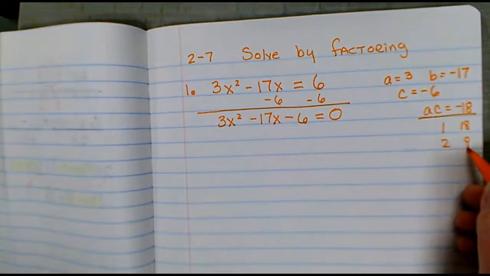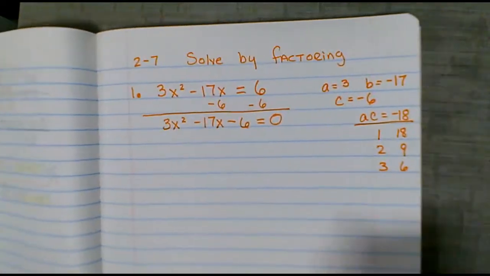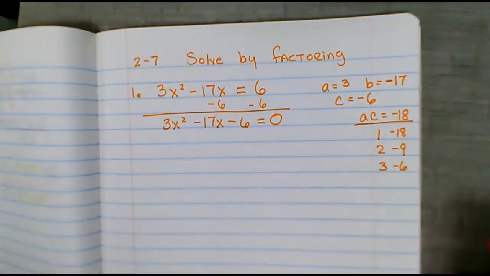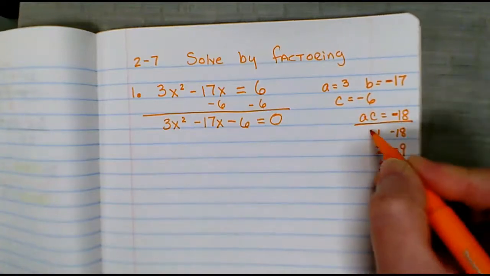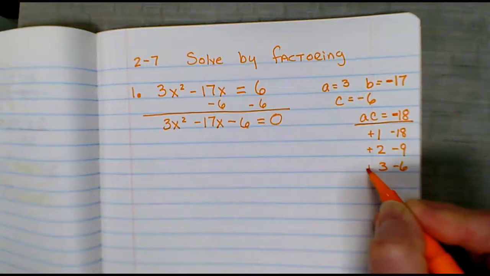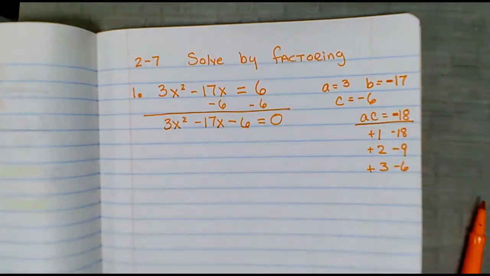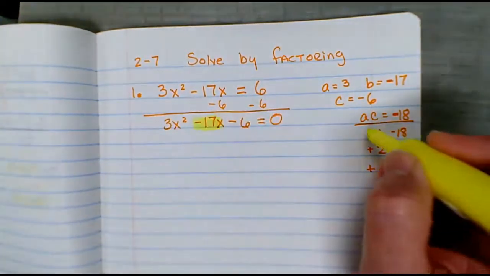And 2 and 9 and 3 and 6. If this is negative, the bigger number has to be negative. If this is negative, they have to be opposites. Are there any pairs that could add up to equal the negative 17?